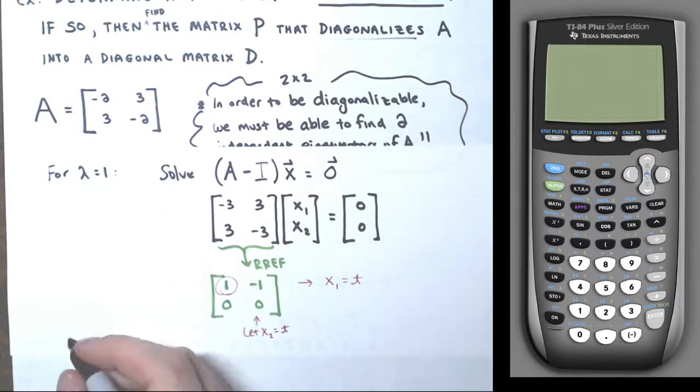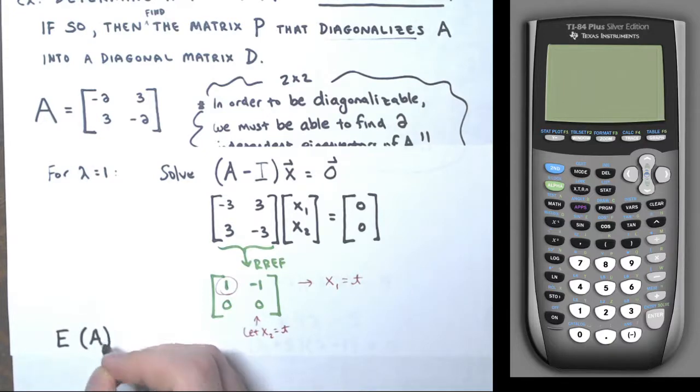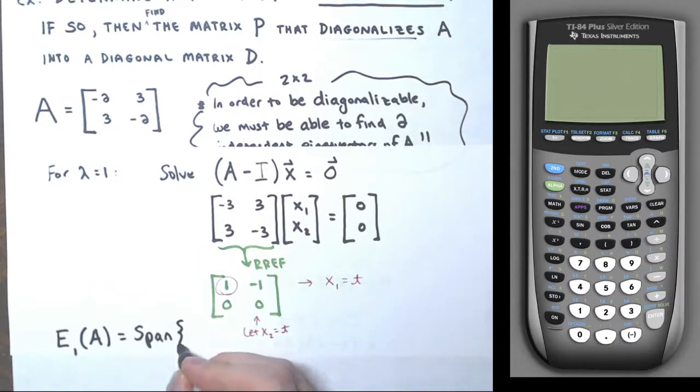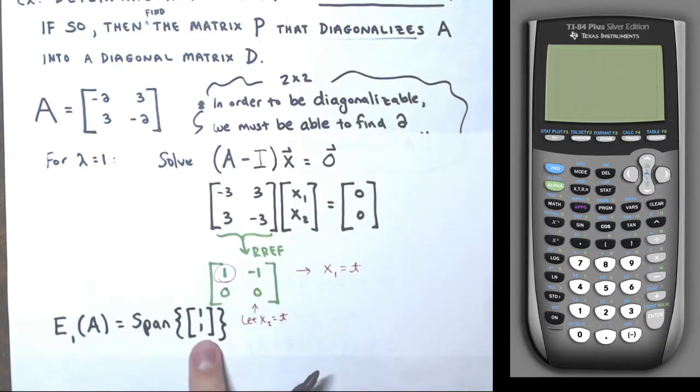So the eigenspace of A corresponding to lambda equals 1 is just the span of the set with the vector 1, 1 in it. Again, t times 1, t times 1.